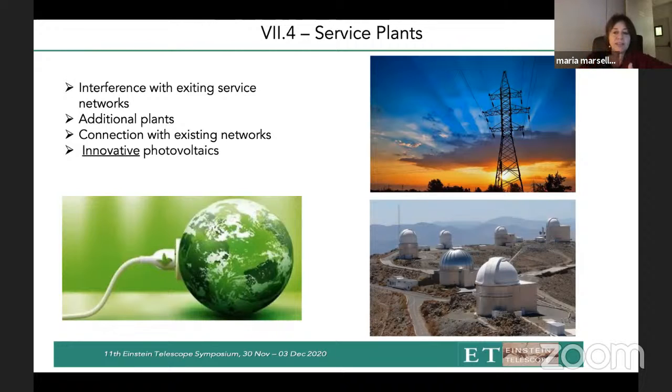But in any case, there will be a need to connect the interferometer with existing networks, to start additional energy supply for running the instrument. So this is something that should be at least quantified, and also solutions for finding these resources should be figured out.